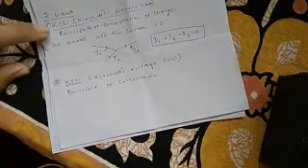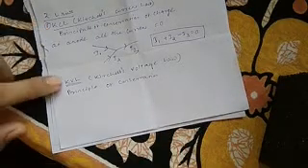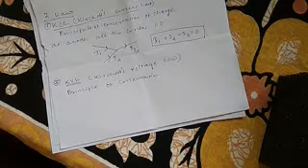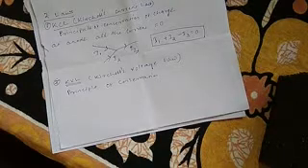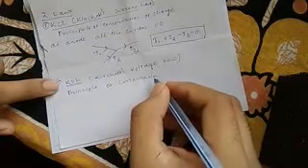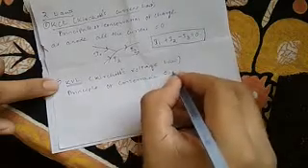KCL is the principle of conservation of charge and KVL is the principle of conservation of energy. Actually, every electrical circuit can be solved by 3 laws. One is Ohm's law, V equal to IR, and these 2 laws, Kirchhoff's current law and Kirchhoff's voltage law. These are the basics to solve every type of electrical circuit.